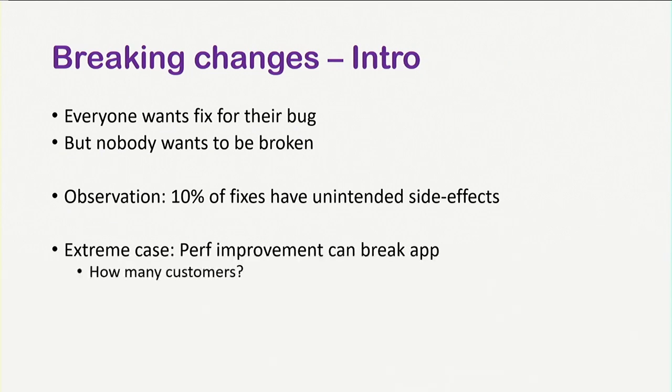There was one extreme case that I lived through, which was mind-blowing, when a performance improvement broke an application. We made something faster, and a customer came and said, you rolled this out, you broke me. Okay, let me look at that. And you dig and find out that they relied on the order of type initialization or something, which you should never do, but guess what, nobody does it intentionally.